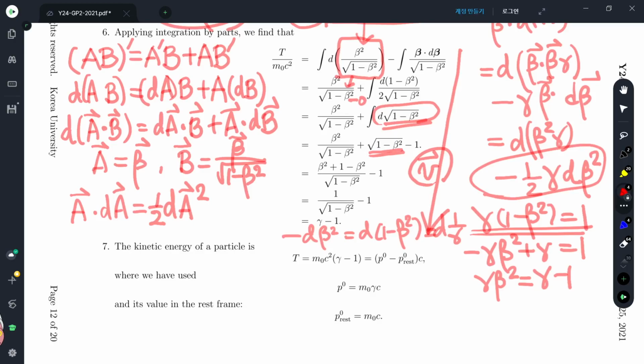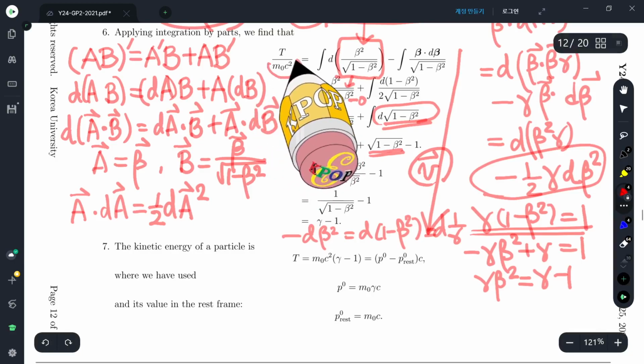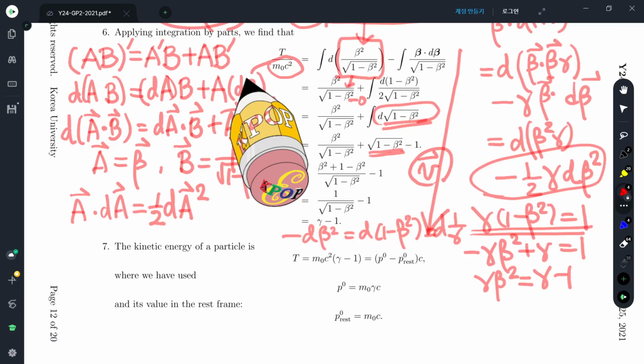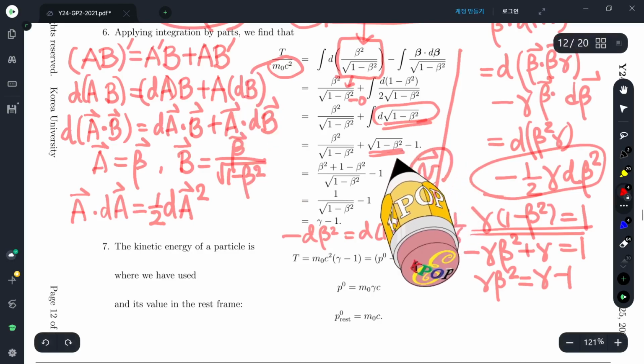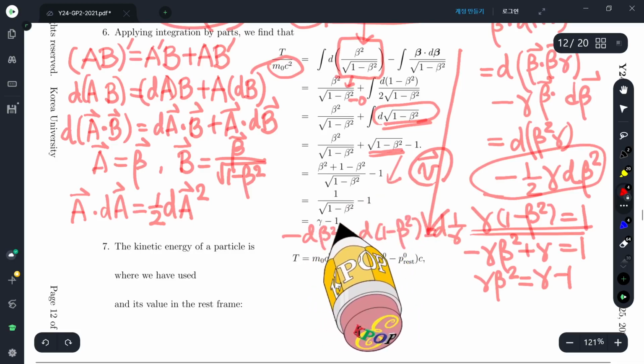Finally, we have reached the final answer for the kinetic energy scaled with the Lorentz invariant unit of energy, m0c squared. The answer is, after trivial algebra, gamma minus 1.